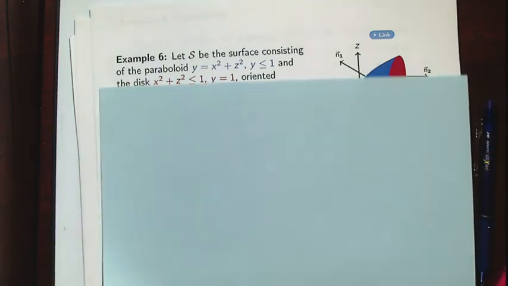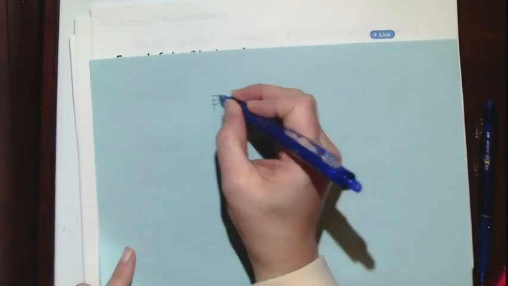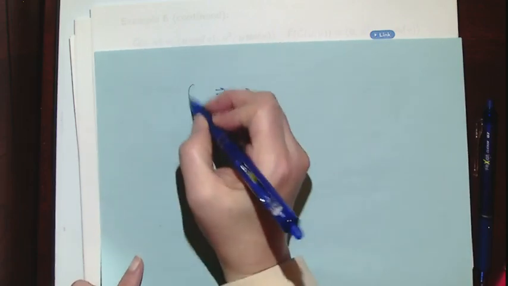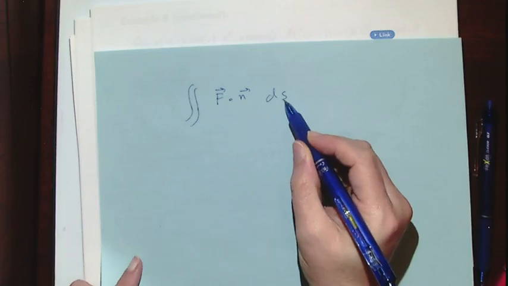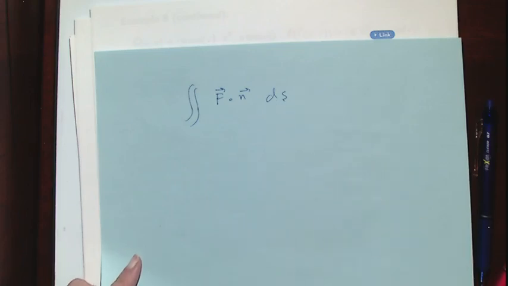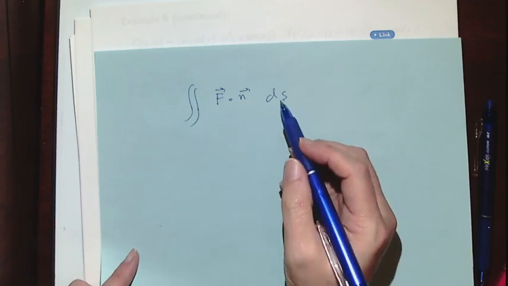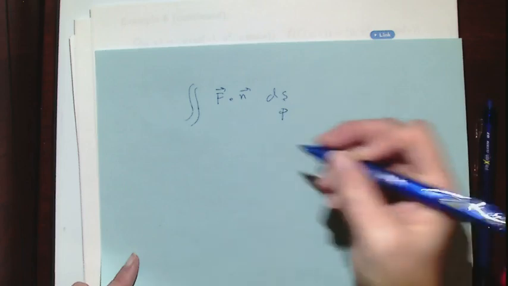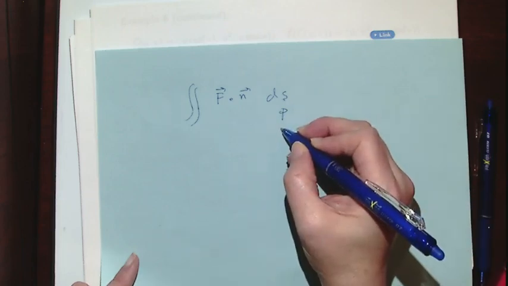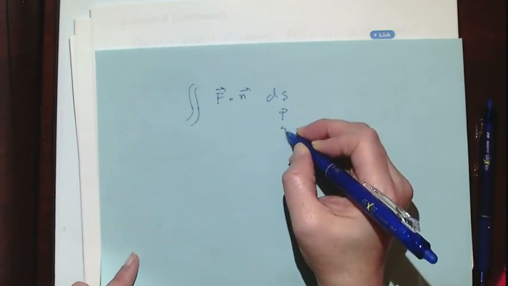So if I do F dot little n, then I have to have dS, the surface element.